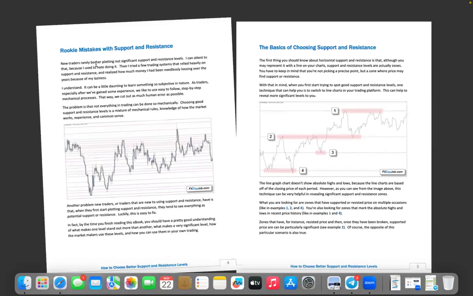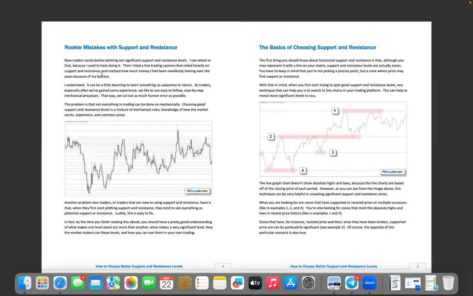It says here in the PDF that new traders rarely bother plotting out significant support and resistance, meaning as a beginner, you will not think it's important. But those are the very important things you have to know, because that's where you know where to take your trades from.